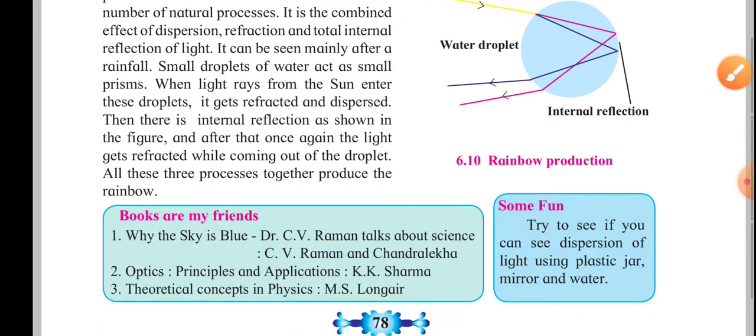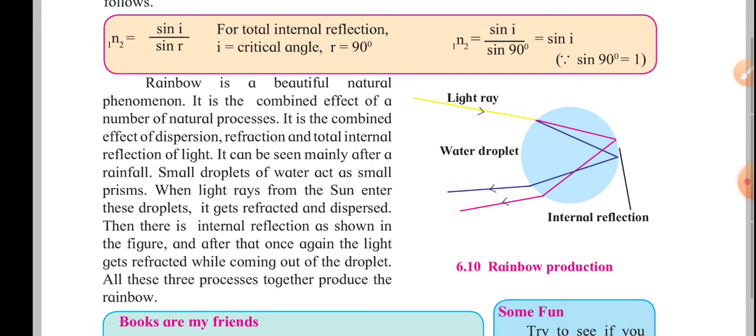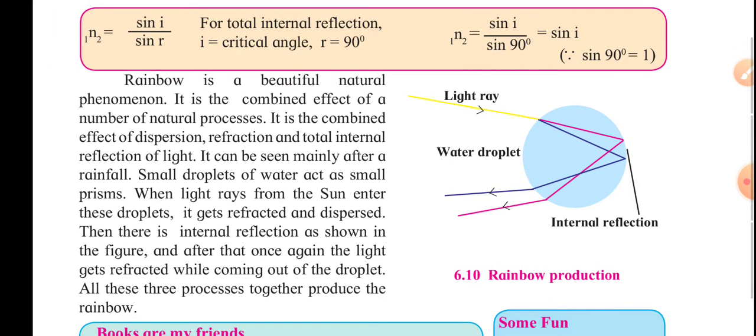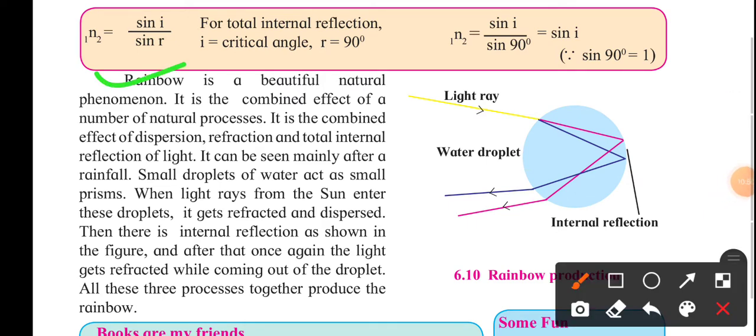This is about the critical angle, and then the rainbow formation in the sky. A rainbow is a beautiful natural phenomenon. It is a combined effect of a number of natural processes: dispersion, refraction and total internal reflection.